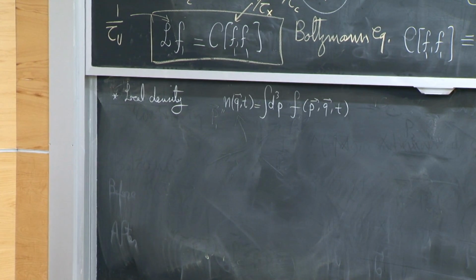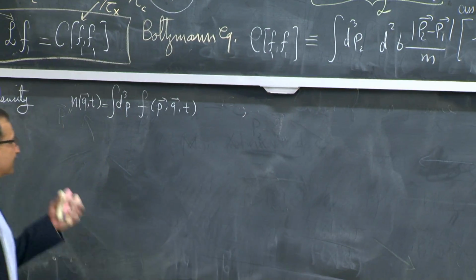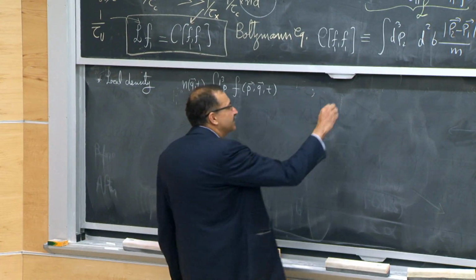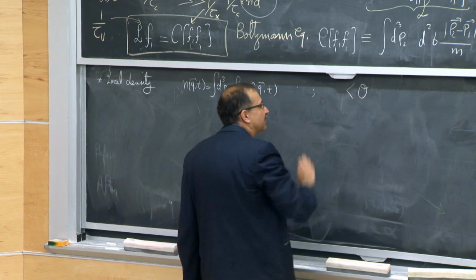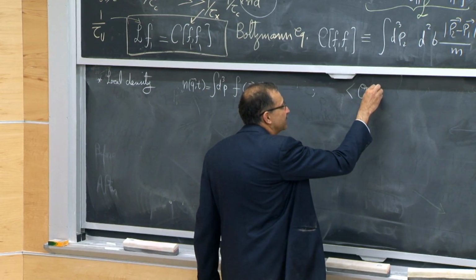Okay, obvious. I define, maybe I need the average kinetic energy at that location. So maybe in general, I need the average of some other quantity that I define at location q and t.